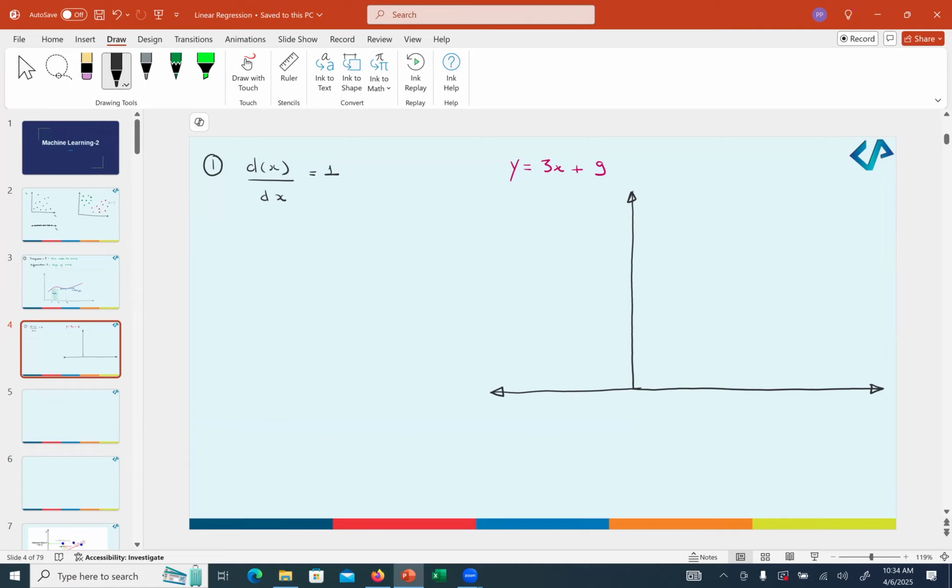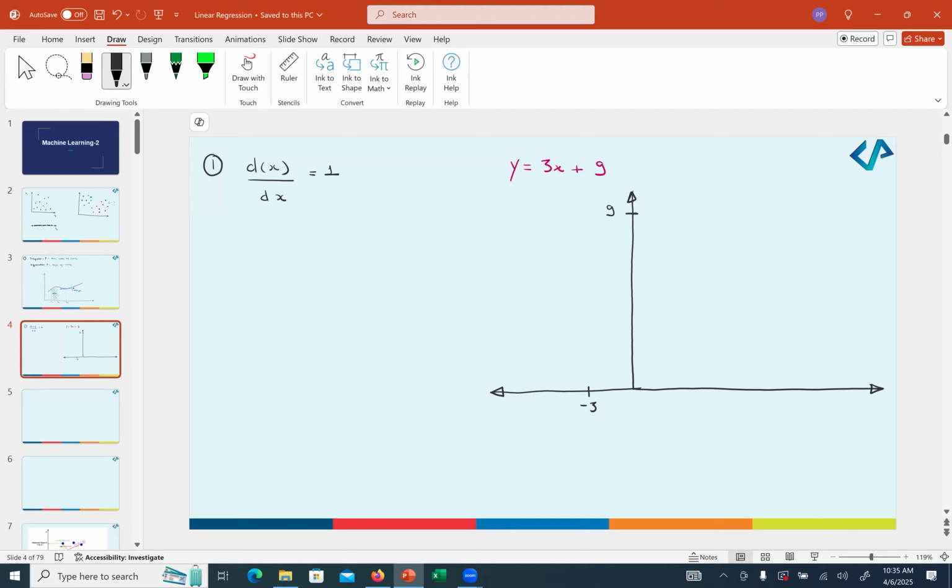When y is equal to 0, x is equal to -3, so maybe somewhere here.